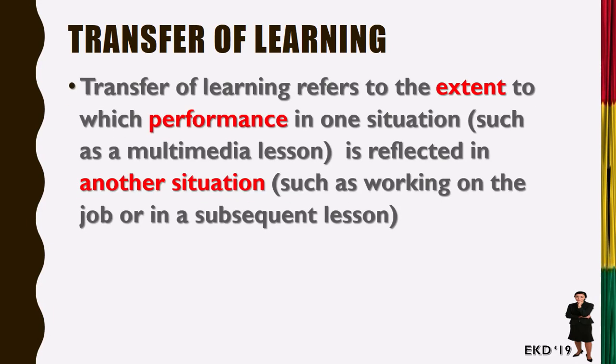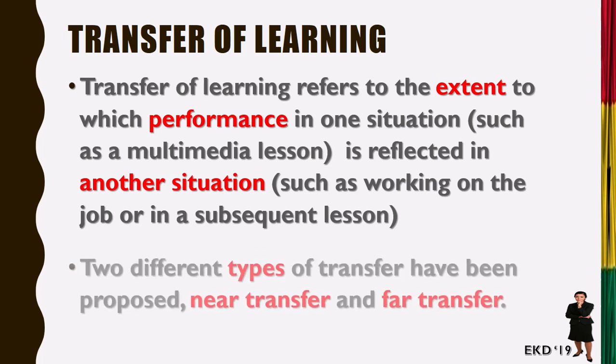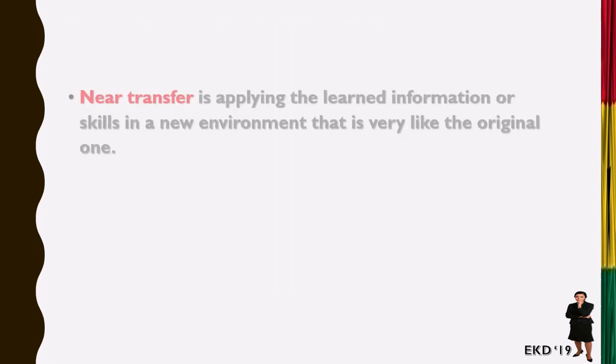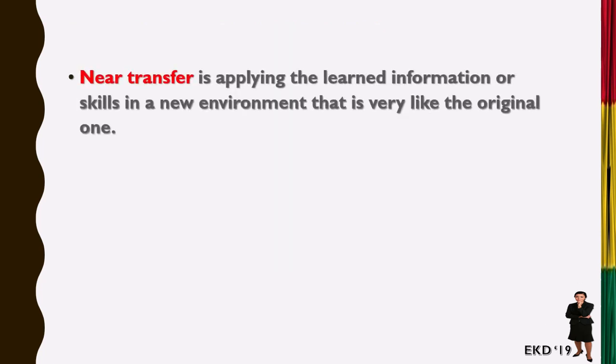Now, transfer of learning. Students should be able to transfer learning from one lesson to the other. Okay. Now, there are two types. One is near transfer, where you transfer what you have learned into a similar situation.